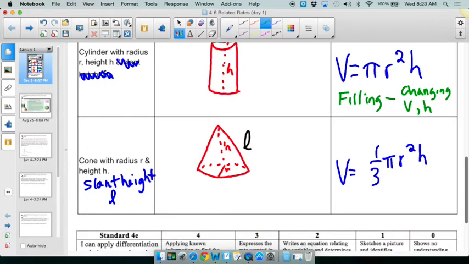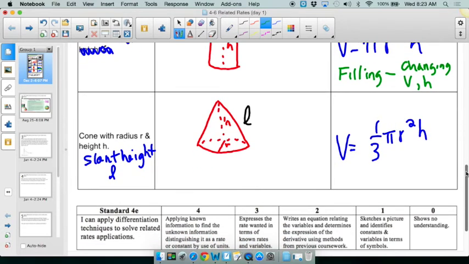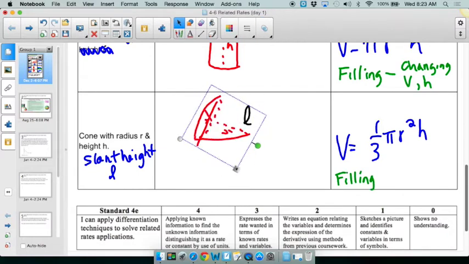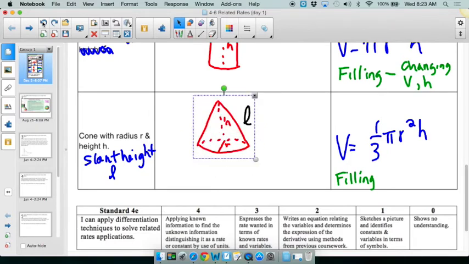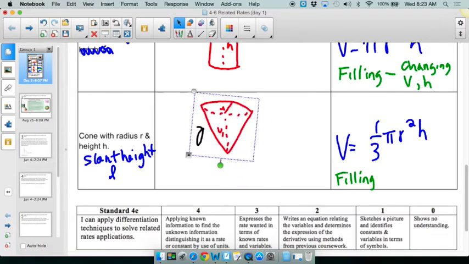How about a cone? As we're filling or emptying a cone, and maybe if we're gonna fill and empty this thing, maybe we want to draw it like this.